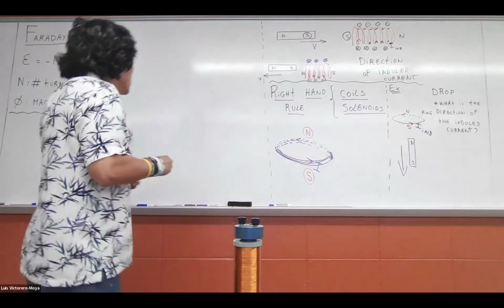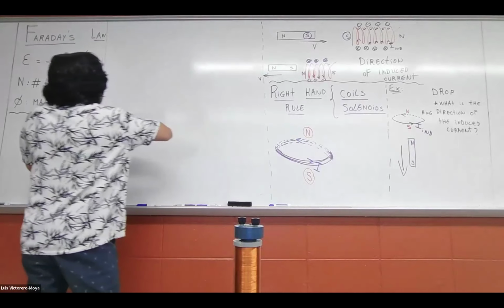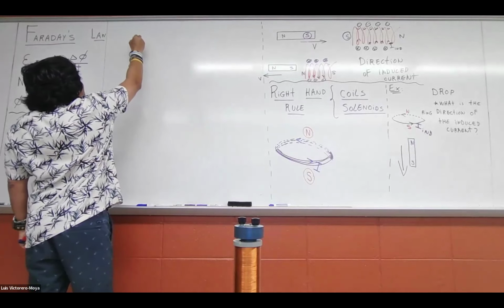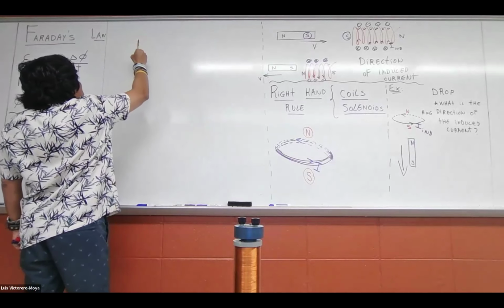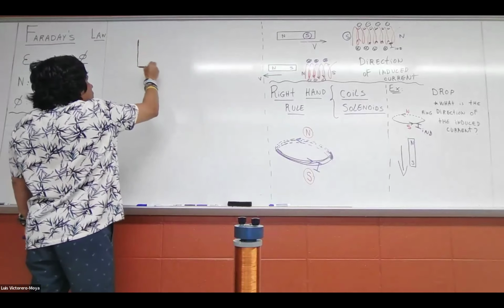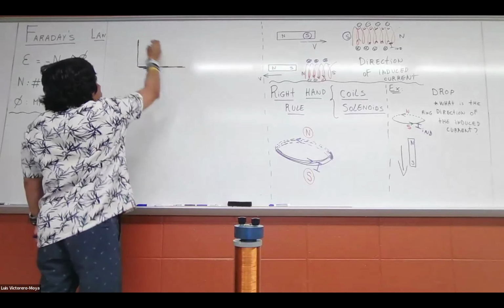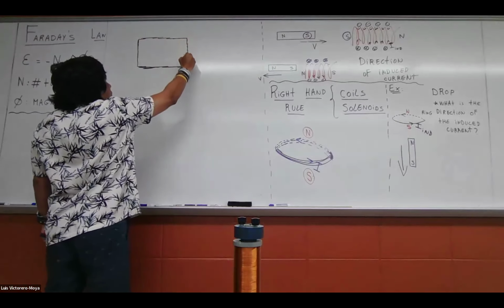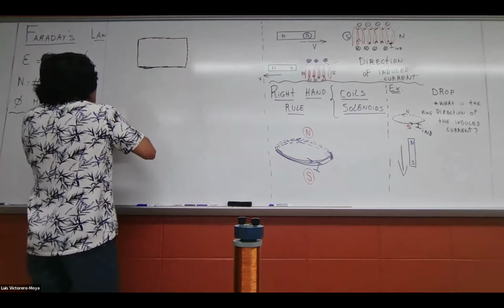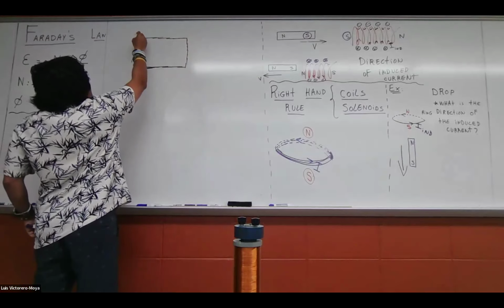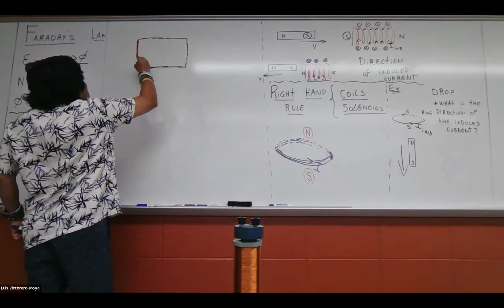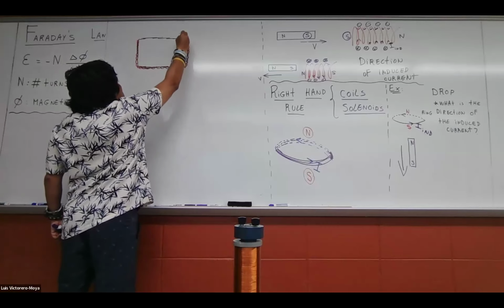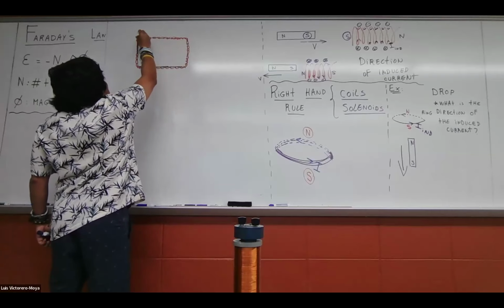Okay? So a typical example for this will be if we give you a coil like that, and then there are several turns here, drawing like this. All right.